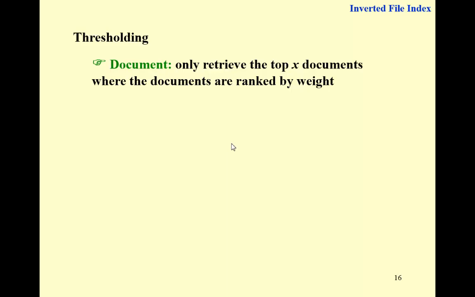So it's pointless to actually return all the results if there are too many results to be returned. On the other hand, we would like to make sure that all the important pages are displayed in the first several pages.